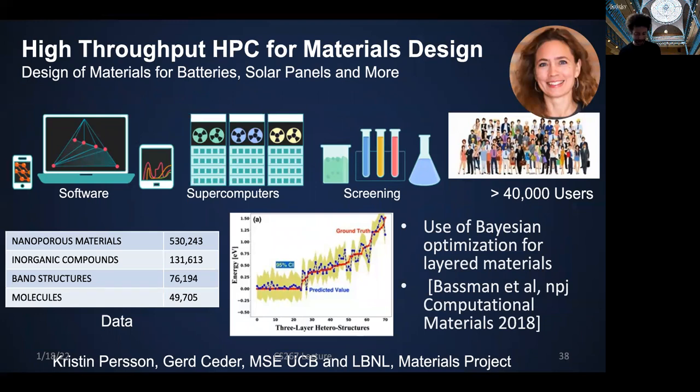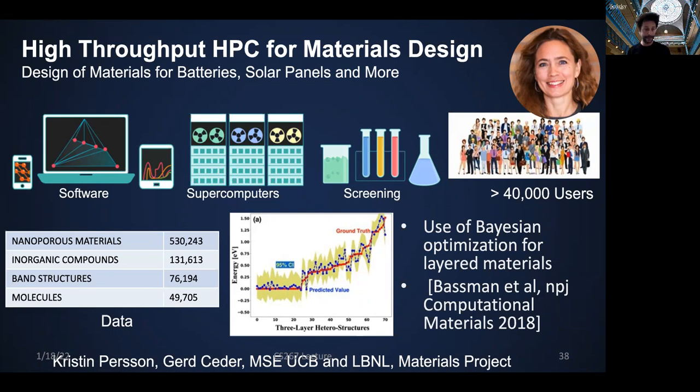So far, what we talked about was really large-scale simulations. One huge simulation or a bunch of simulations, such as the one that we did with climate modeling, where we said, okay, let's simulate 10 different scenarios, but each simulation was really large. By contrast, this Materials Project started with a high throughput use of high performance computing.